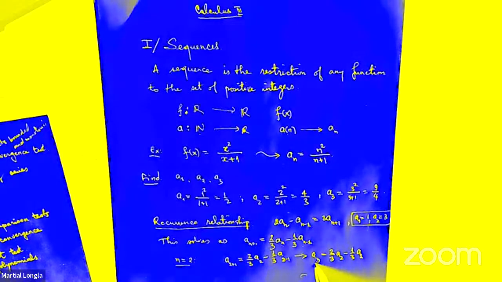So the a3 that was not given to you is now found here as 2/3. A2 is 3, minus 1/3. A1 is 1. So that is 6 minus 1, 5/3. So this is A3.